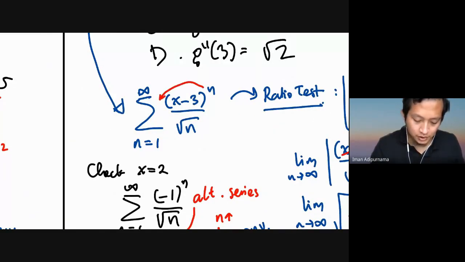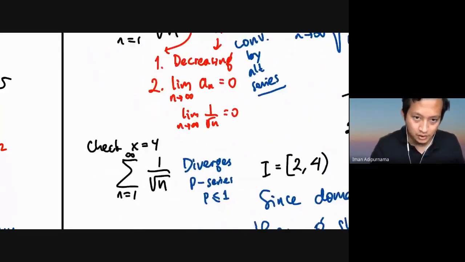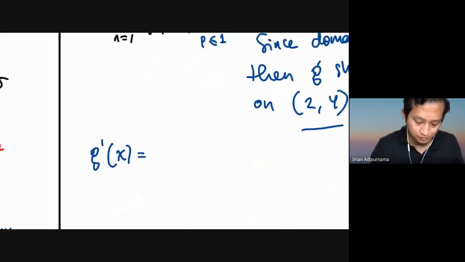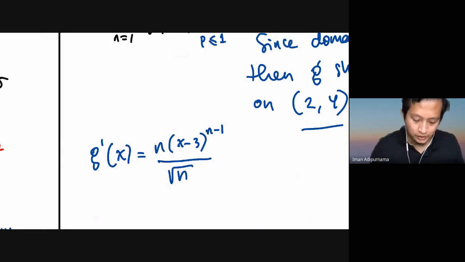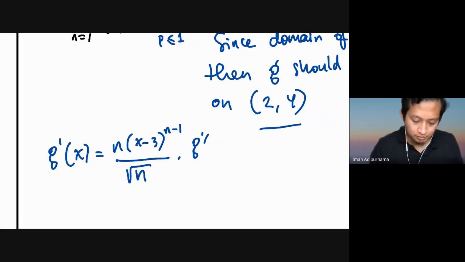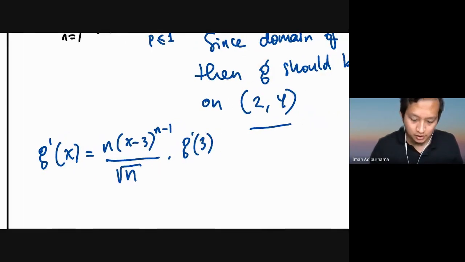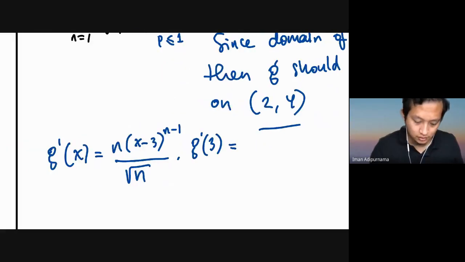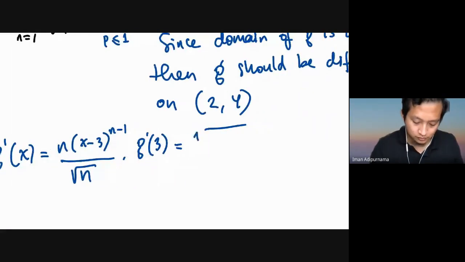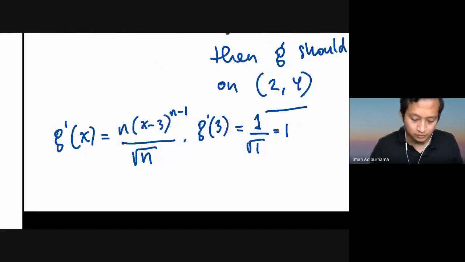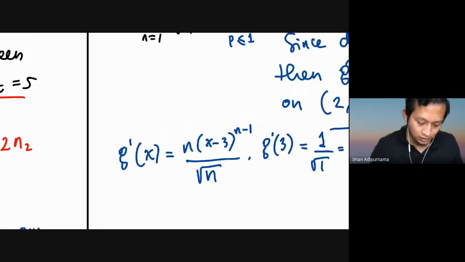So we bring down the power and subtract 1, so it becomes n times (x minus 3) to the n minus 1, divided by square root of n. And when we plug in 3, it's 1 over square root of 1, and it should be 1. So C is wrong.